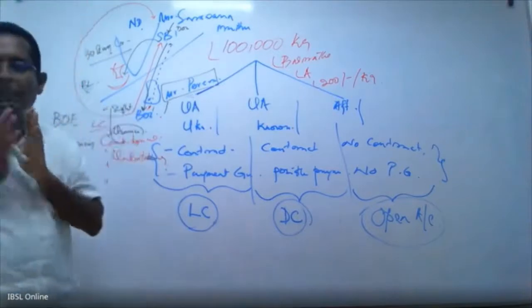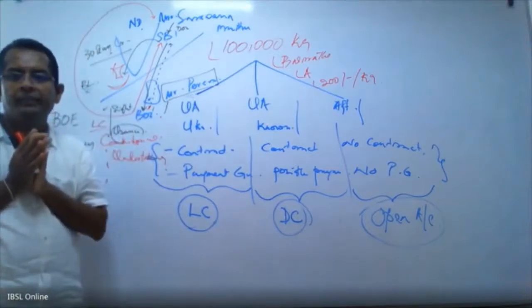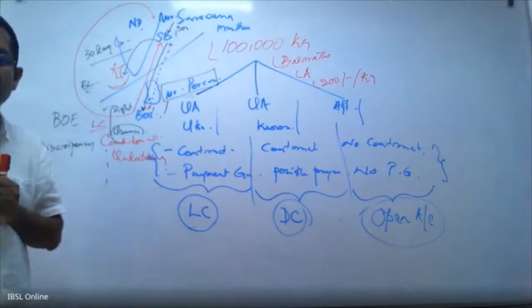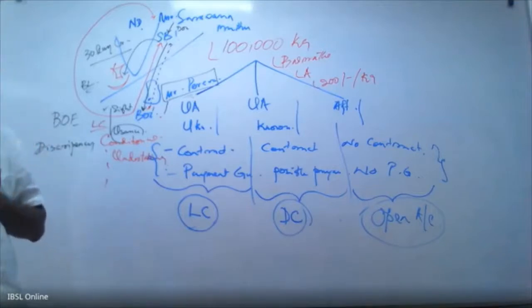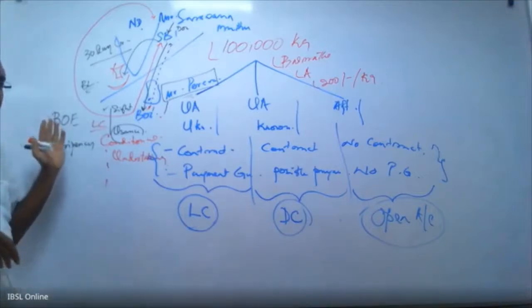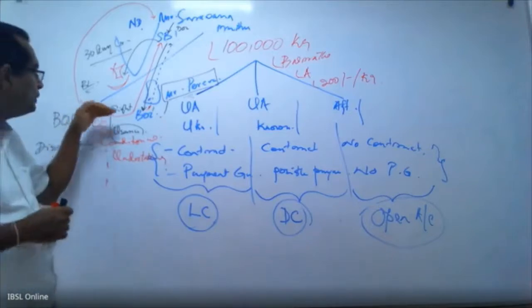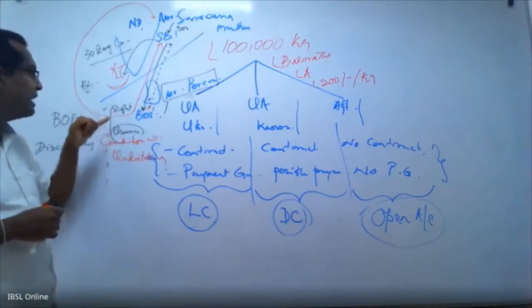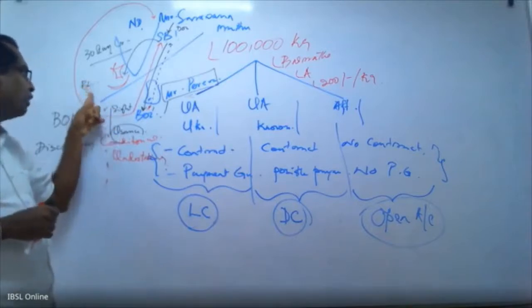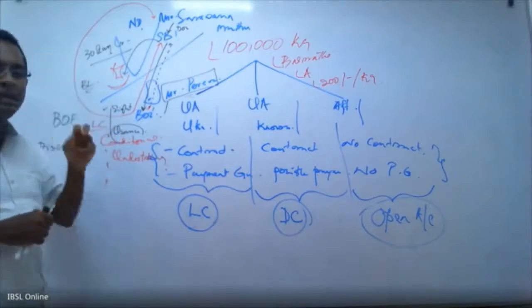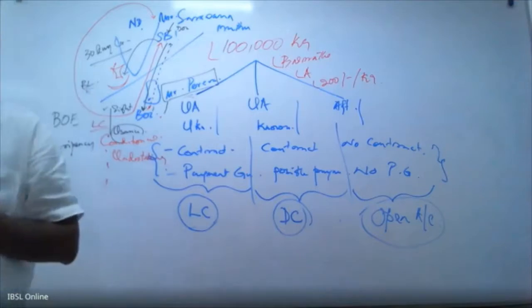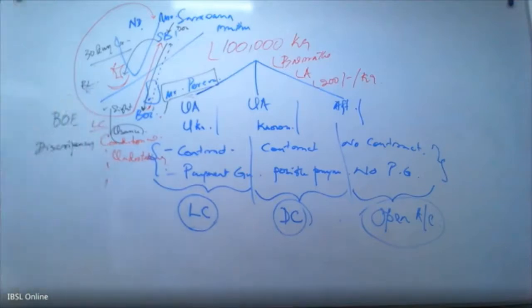We have to pay. Right? Because we are dealing with documents. If the documents come perfect, we can't do anything. That is letter of credit. And the two types of letter of credit are sight and usance. We have two documents, bill of exchange and BL. BL is bill of lading.